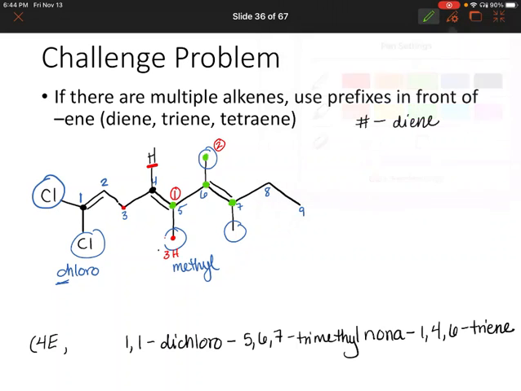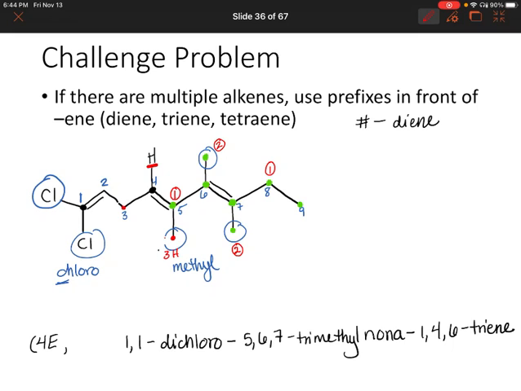And then carbon 7 is bonded to a methyl group, and this carbon 8, which is bonded to more carbons down the line. So carbon 8 would have first priority because it's bonded to more carbons, but the methyl group on carbon 7 would have second priority. So on this one, we could say that this is trans because we have 2 of the same groups, 2 methyl groups bonded to that double bond.